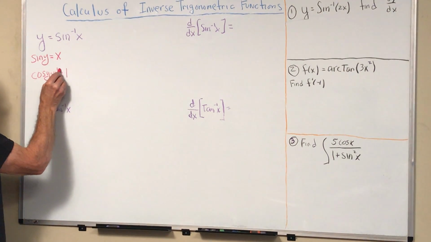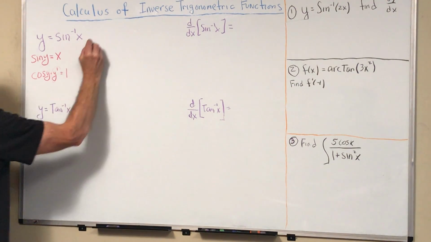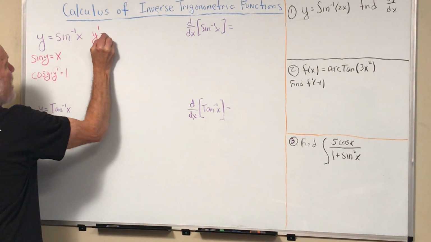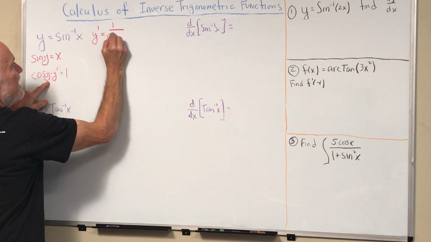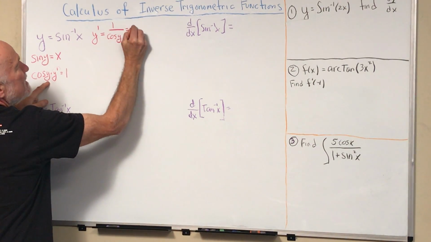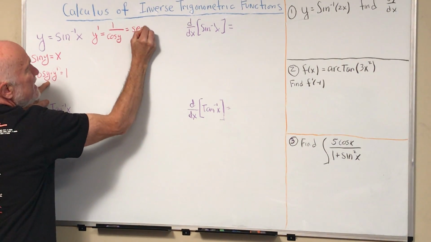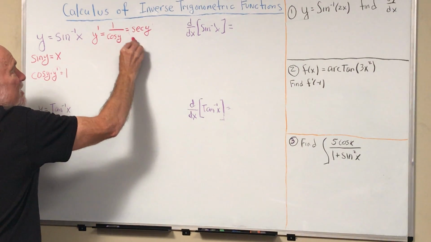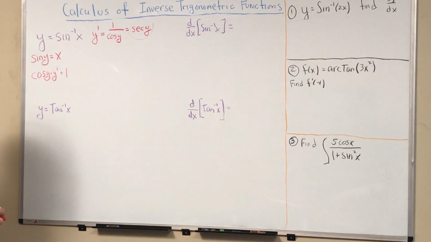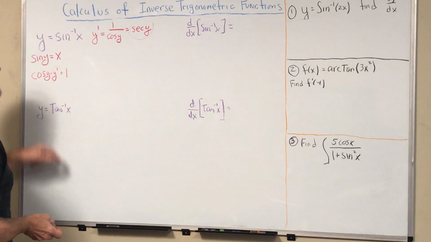What we're trying to find is this y prime. So y prime is going to be 1 over the cosine of y, which just happens to be the secant of y. So we've got an answer, but the bad part is that it's in terms of y. We'd like to have it in terms of x.